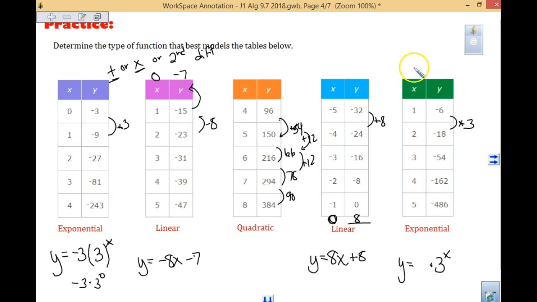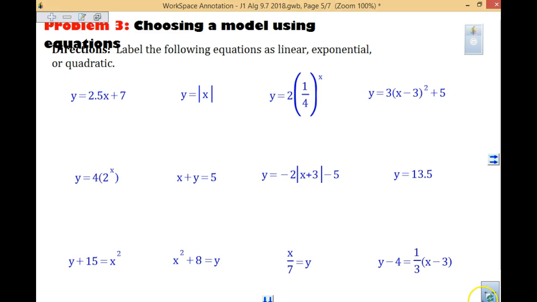So if I put in 0, if I go back and I divide by 3, negative 6 divided by 3 is going to give us negative 2. So I am starting at negative 2 times 3 to the x. Okay, does that make sense how you're finding that? So you've got to always find your 0 term for both linear and exponential in order to know what you are multiplying by.